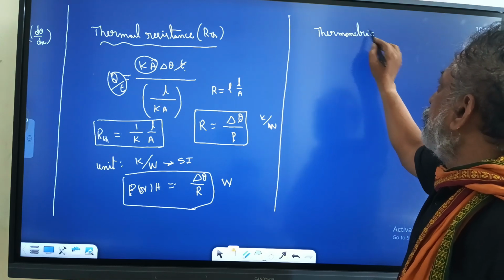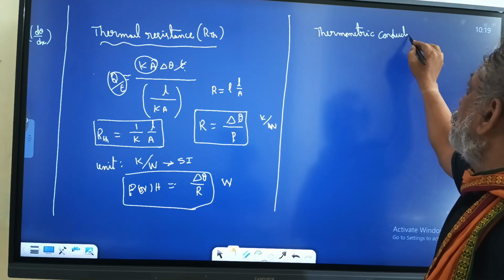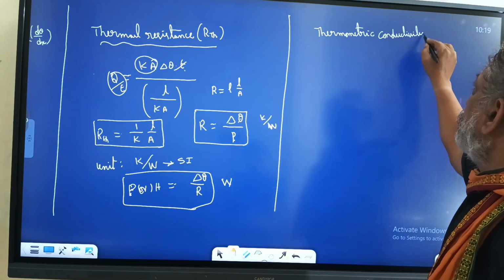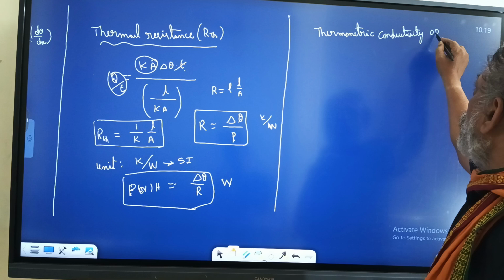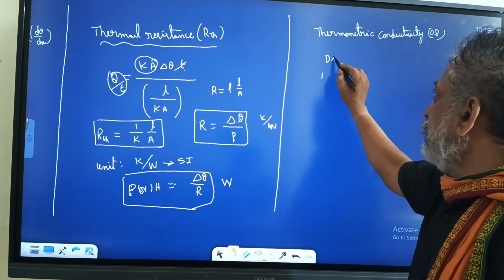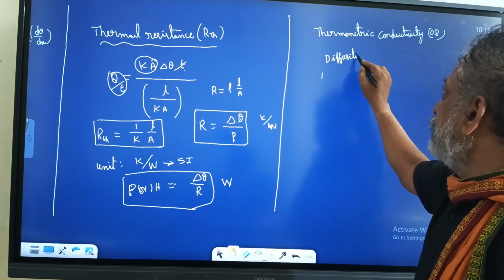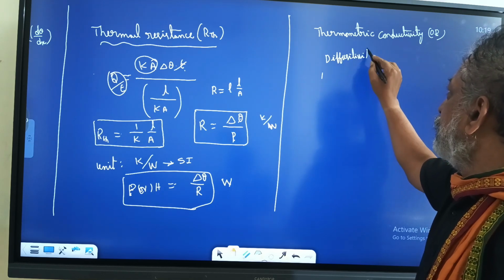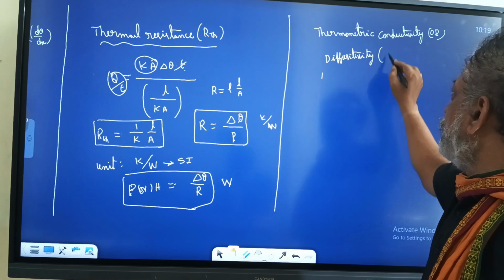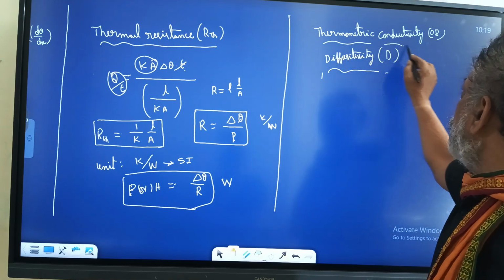Thermometric conductivity, another name is diffusivity, D. They will ask for the formula.